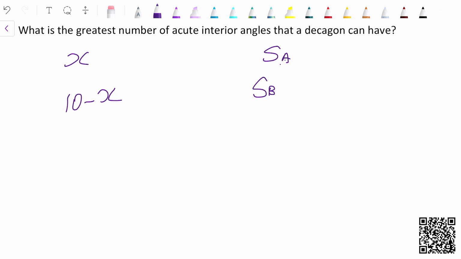So, SA, since an acute angle can't be a 90-degree angle, therefore it has to be under 90 degrees, it's definitely going to be less than 90 degrees times x. Since x is the number of angles, and 90 degrees is the maximum of what you can push, but it still has to be underneath that because an acute angle cannot also be a right angle.